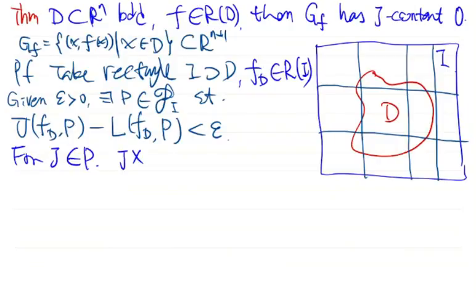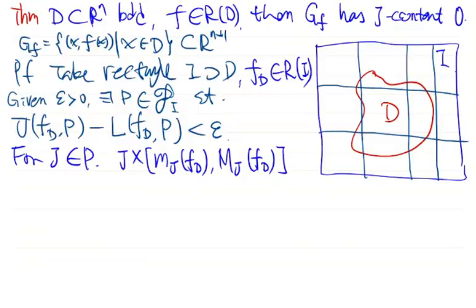J Cartesian product with the interval between the infimum of the zero extension over J and the supremum of the zero extension f_D over the rectangle J. This is an n-dimensional rectangle Cartesian product with an interval.